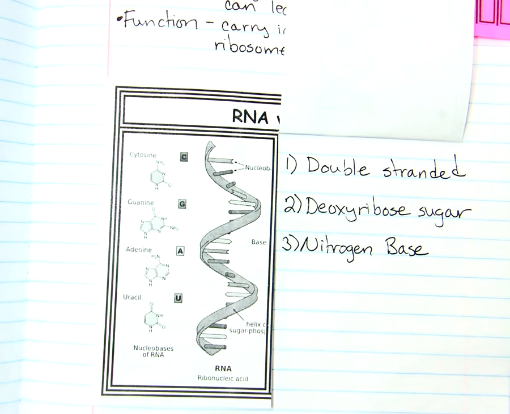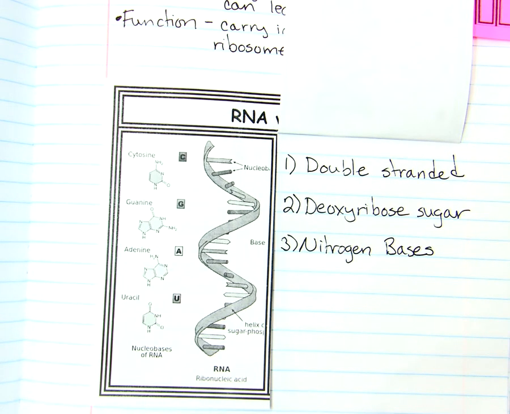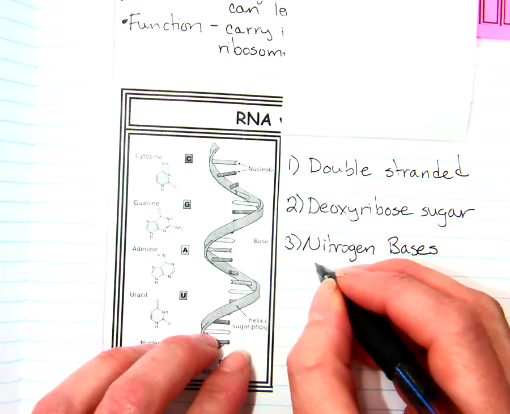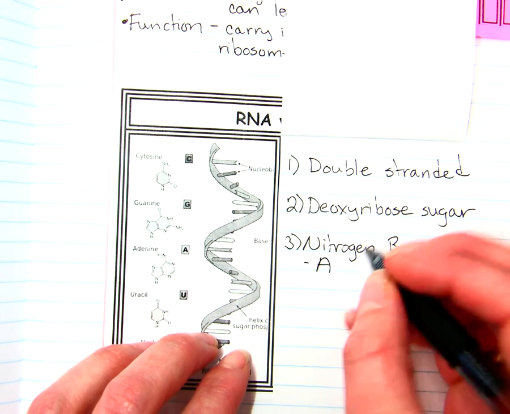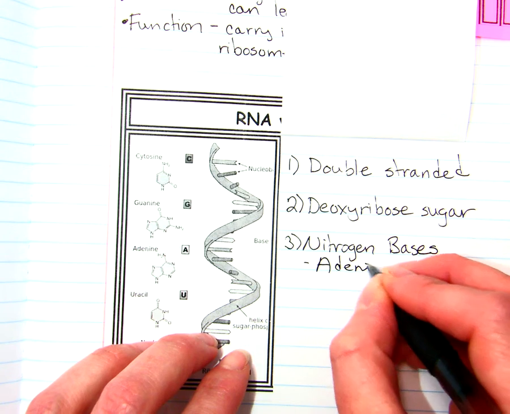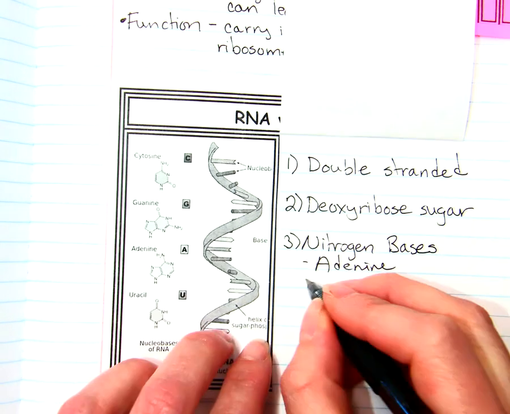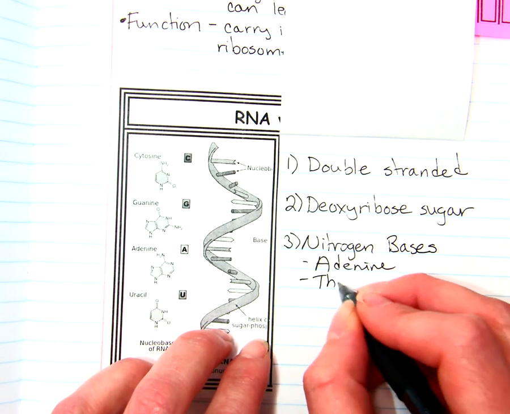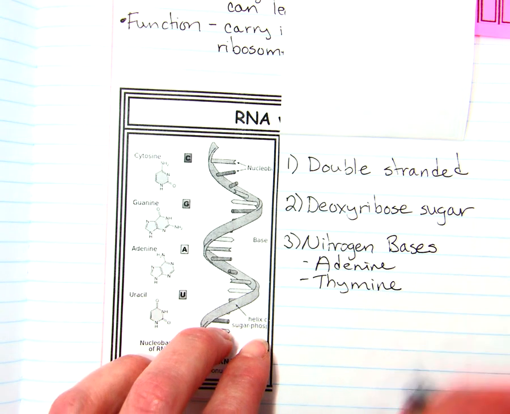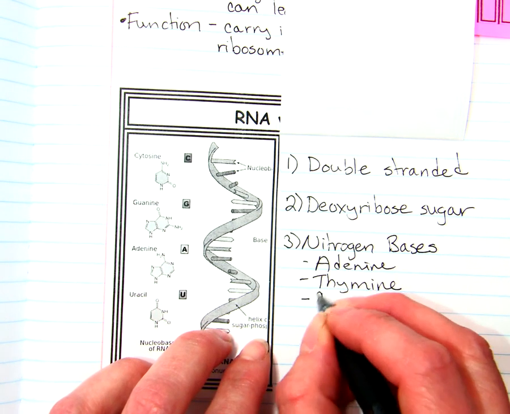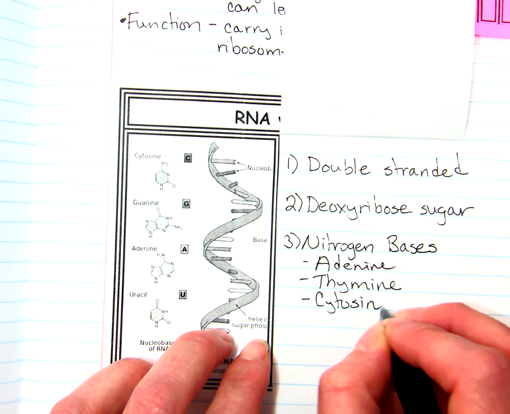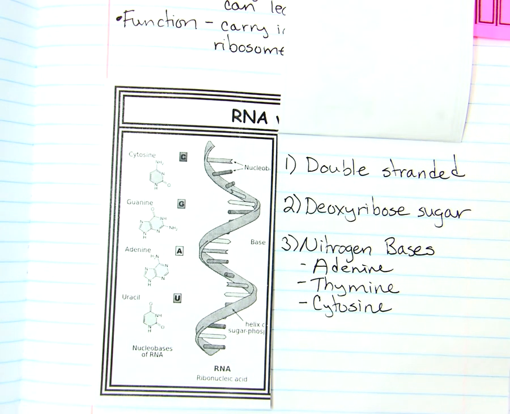And the third thing, the nitrogen bases. We had 4 nitrogen bases. We had A or adenine. What does adenine pair with? Thymine. And we have cytosine. What does cytosine pair with? Guanine.